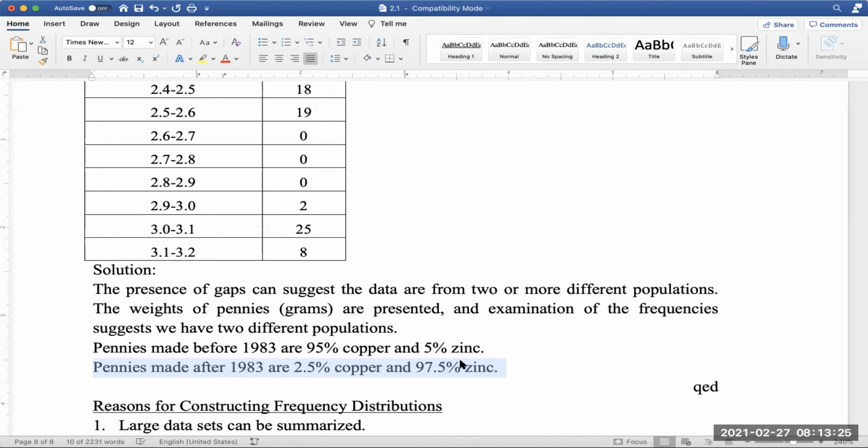Currently the cost of copper and zinc are too high. So there have been discussions that they will stop the production of pennies because pennies currently cost somewhere around 2.5 cents per coin, in both printing cost and the cost of the actual material.